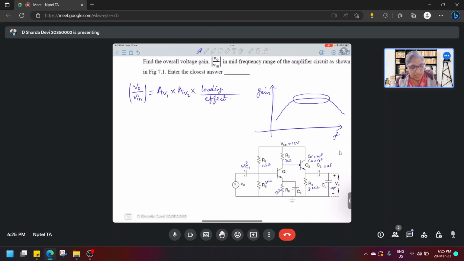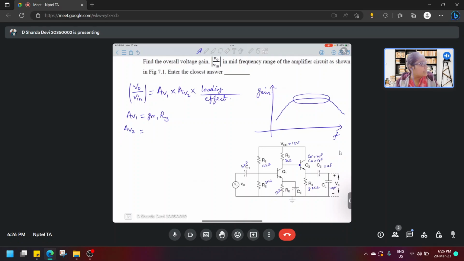Now if I want to write the gain of the first stage, which is a CE amplifier, what is the formula for the gain of a CE amplifier? It's simply GM1 into RL, right? For RL here it will be R3. Simply GM1 into R3. Now the second stage is a CC amplifier.